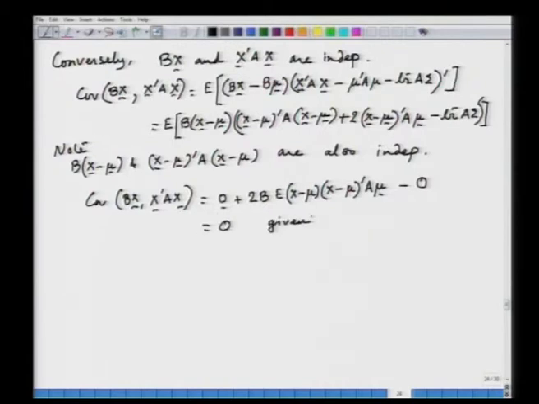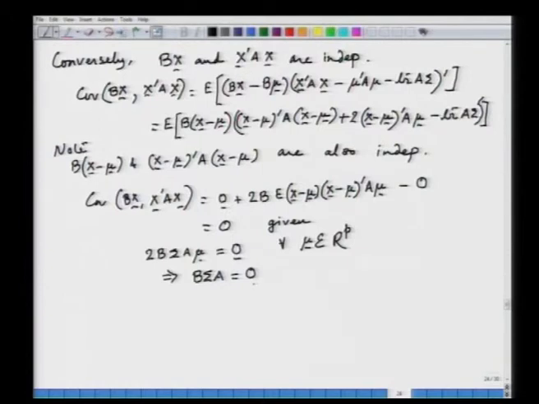So what I have now is basically 2 times the covariance of x, that is, B sigma A mu, and this is equal to the null vector for all mu in R^p, because of my given condition that Bx and x transpose Ax are independent. This implies that the associated matrix has to be a null matrix.